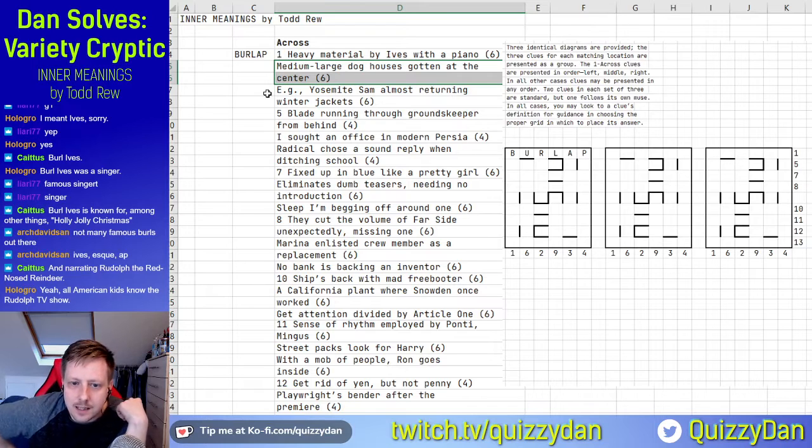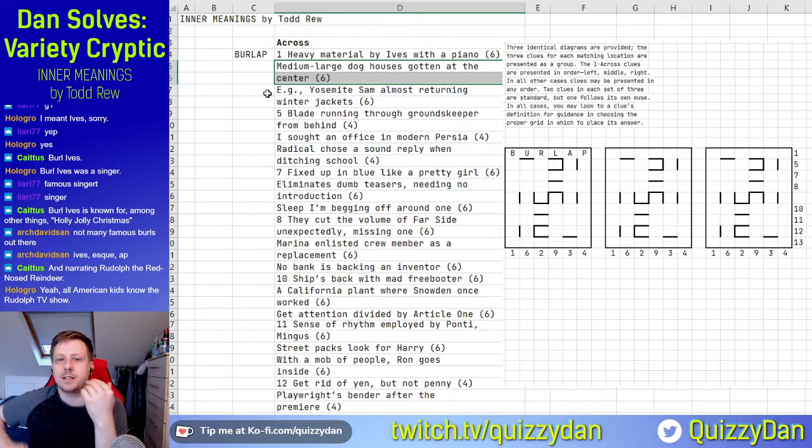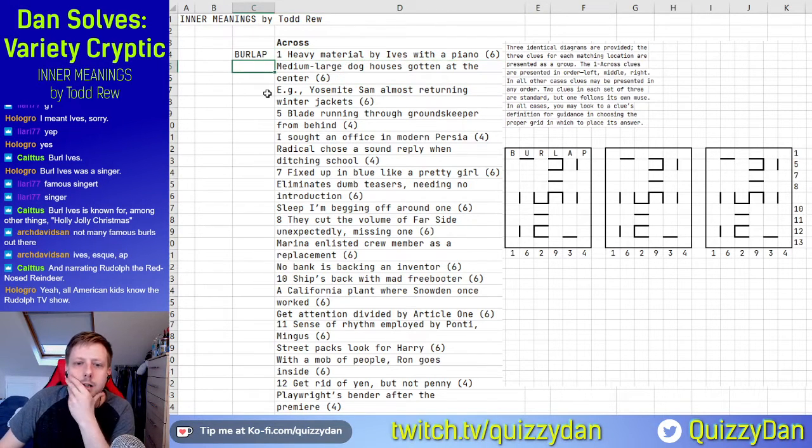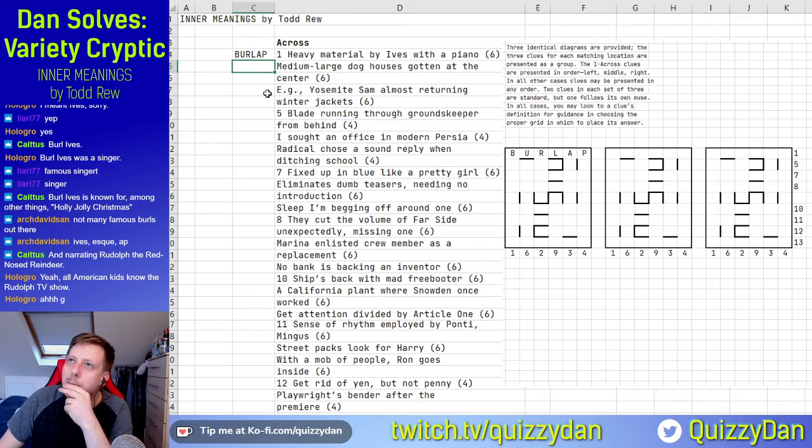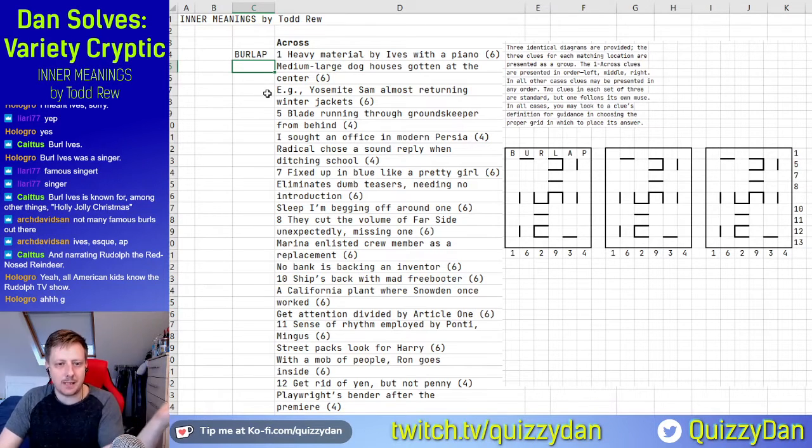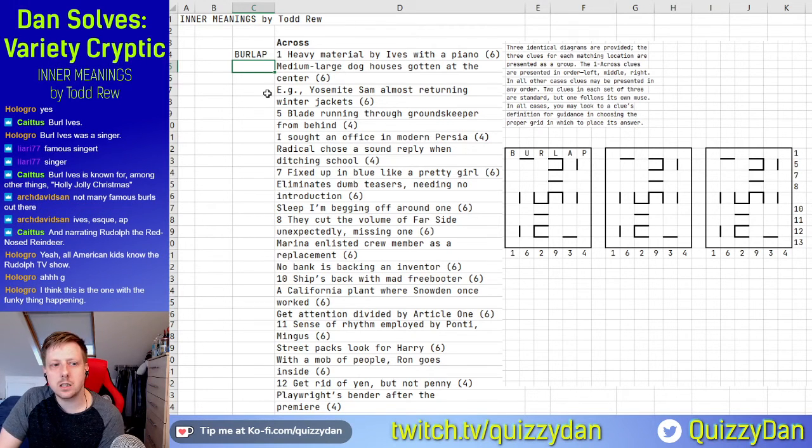Is it a hidden? Let's check for a hidden. At the centre. Middle. I feel like it must start with M for medium. Large, and then large dog. A wolf. A St. Bernard. And then gotten. Maybe that's just going to be got. At the centre. I feel like medial, median.